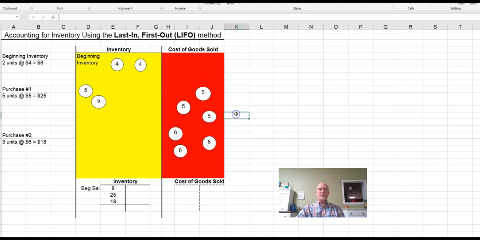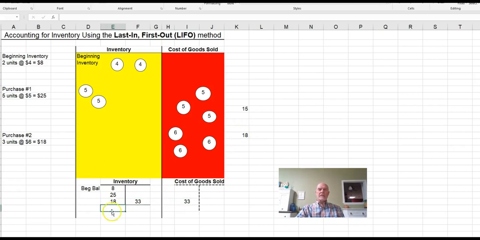So the cost of goods sold, we had these 3 $5 items is 15, these 3 $6 items is 18. So the total cost of goods sold in this case would be 33. So we would take 33 out of inventory. That goes to the cost of goods sold.